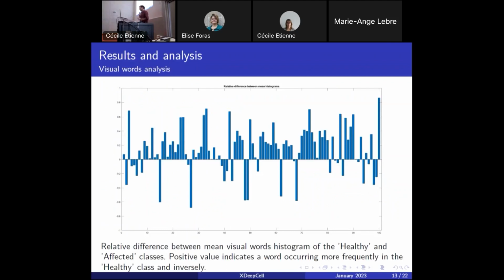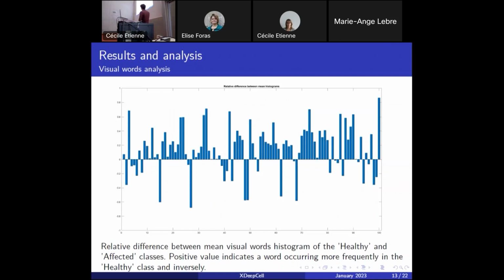First, we can perform an analysis on the visual words. Here what we represented is the relative difference between the mean histograms of the two classes. For each class, for each cell, we have a histogram. And for each class, we computed the mean histogram to see which visual words are preponderant. To compare the two classes, we computed the difference, and this is what is shown here.